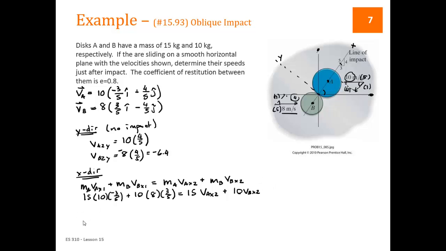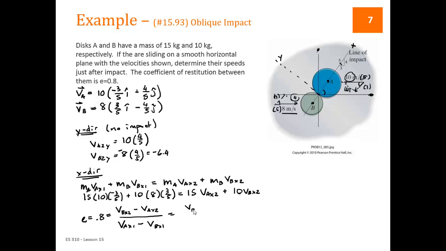Our second equation is the coefficient of restitution, so e, which is 0.8 in our case. Final velocities are on the top, so we have VBx2 minus VAx2, divided by initial velocities on the bottom, switched order, VAx1 minus VBx1.